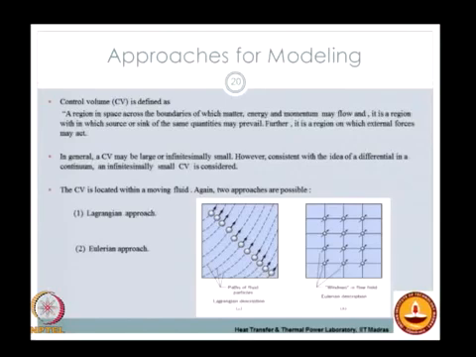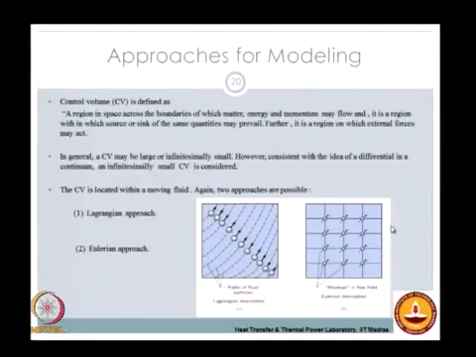Once again, we can define two kinds of control volume. One where you fix the control volume in space and look at the transport of fluid across it, which is called the Eulerian approach, shown in figure B here. The other approach looks at control volumes which are moving in space and time, which is called the Lagrangian approach.